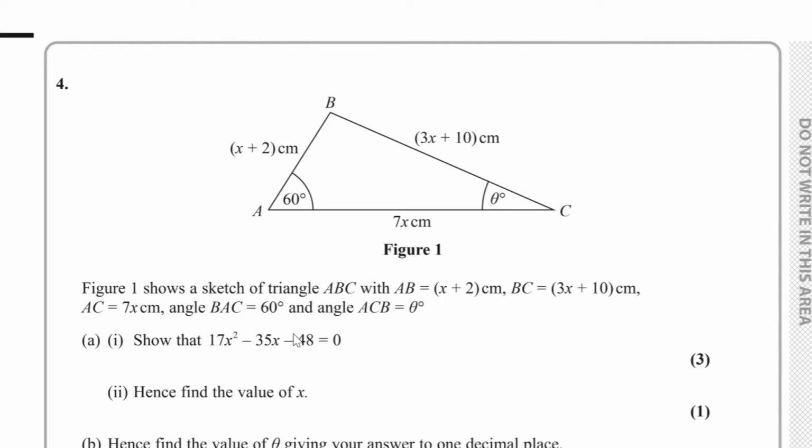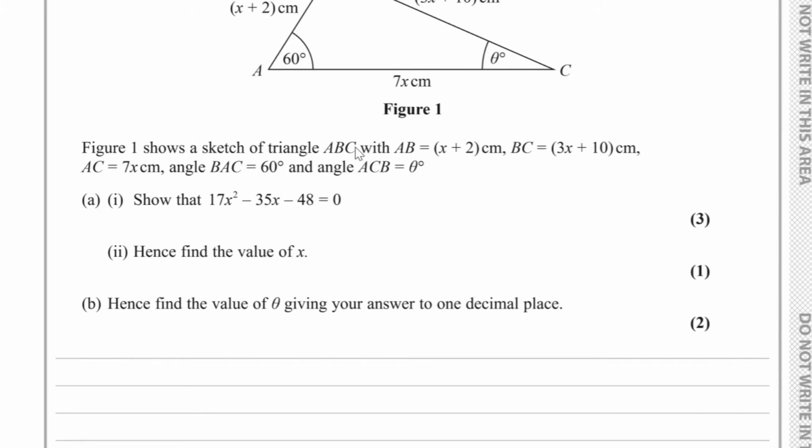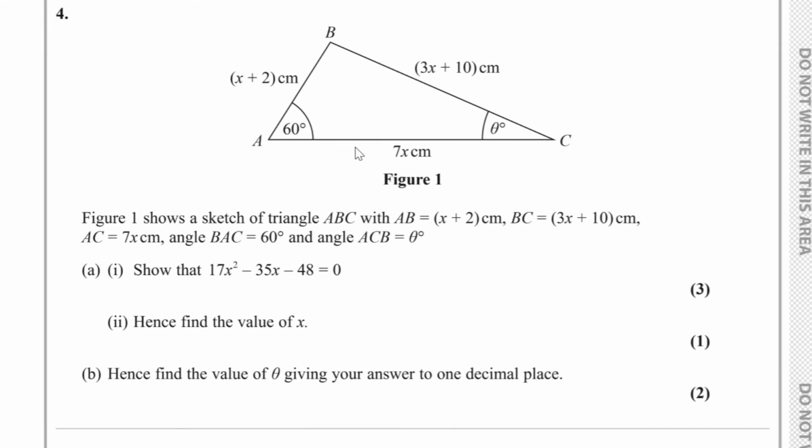What we can do over here is use the cosine rule. And if we were to use the cosine rule, well, what we have is two lengths and an included angle, and a side opposite that included angle, which is why we can use the cosine rule.